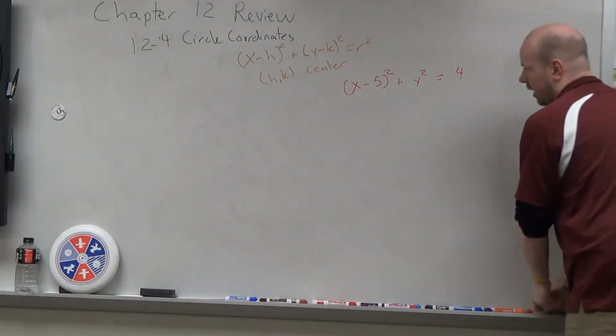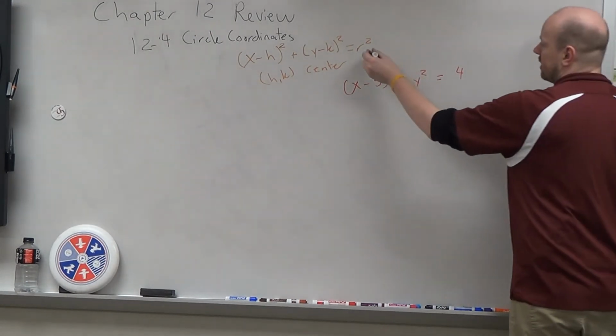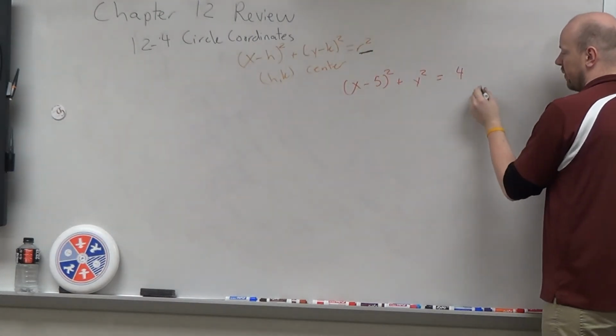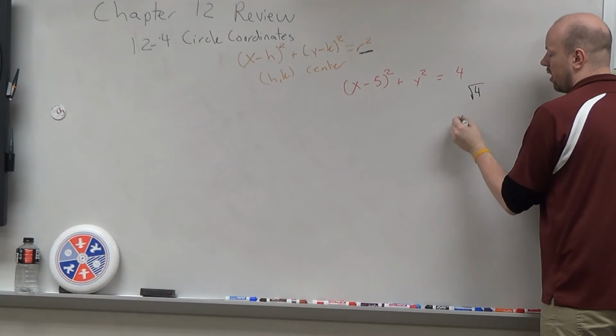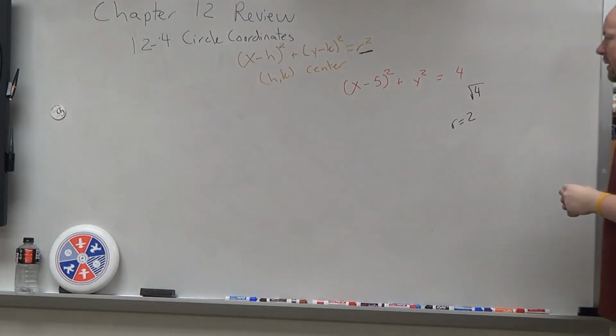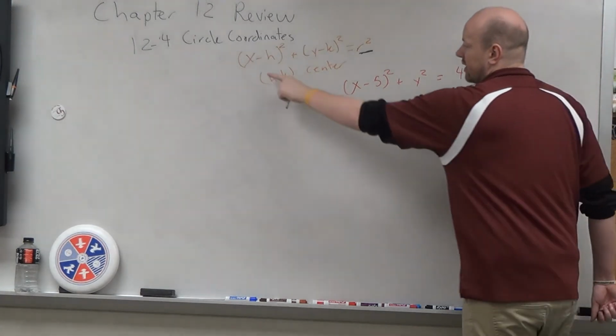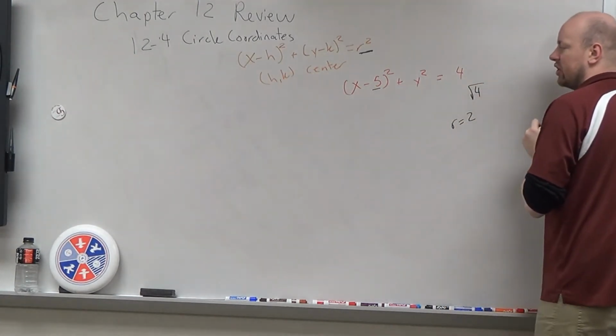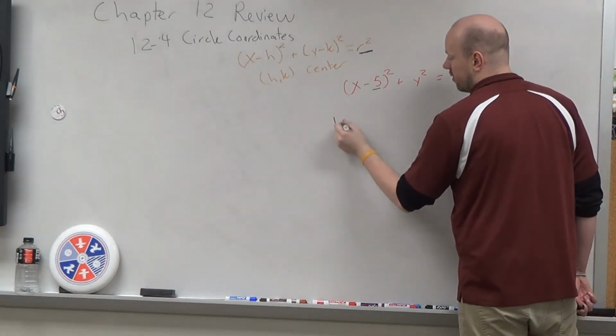Well, again, remember radius is just this, but this is squared, so I have to take my number and do the square root of it, so r actually equals 2. For my center, I need to figure out h and k. Well, it should be x minus h, so my h is actually just 5.